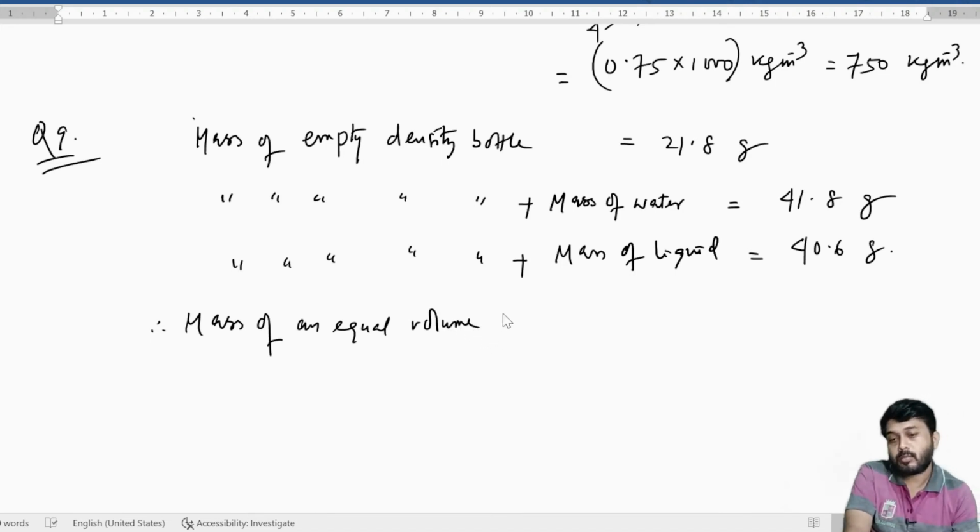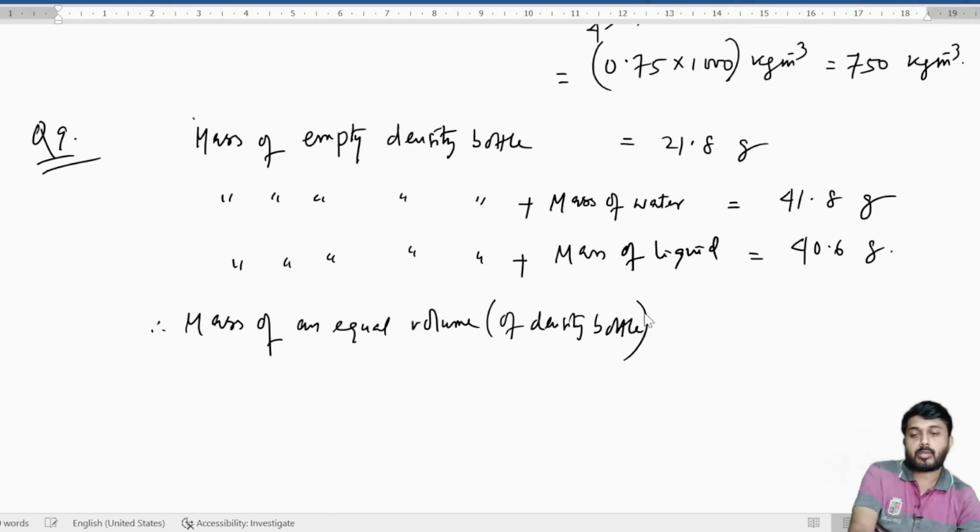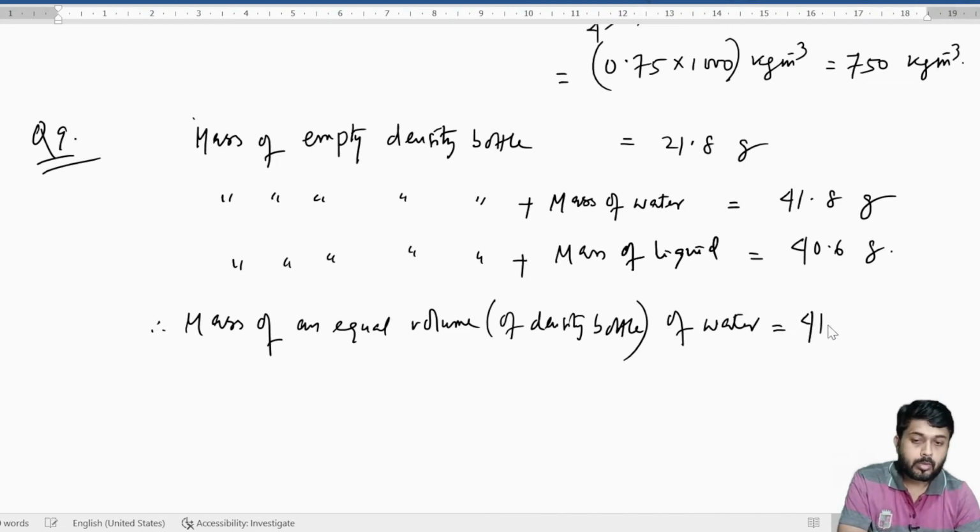Equal volume of density bottle of water is equal to 41.8 minus 20.8 gram equal to 21 gram, right?